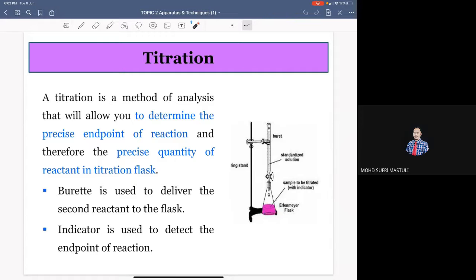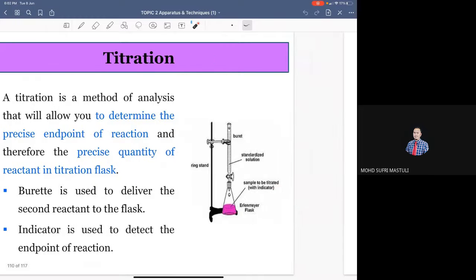An indicator will also be added to detect the endpoint. This is the setup of titration. We have a retort stand, a burette to deliver the standard solution, and a conical flask containing a sample plus indicator.